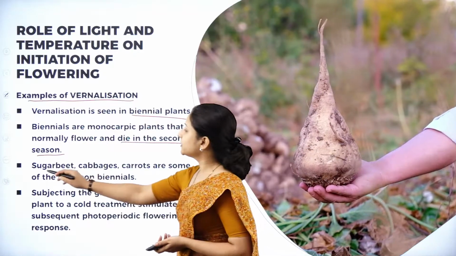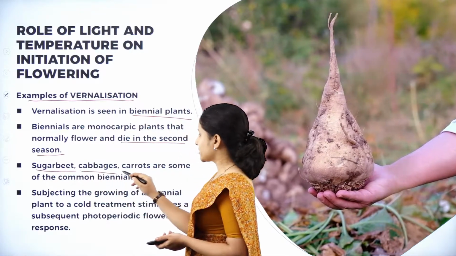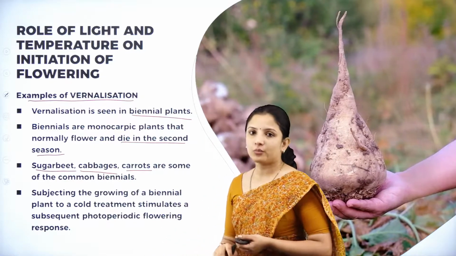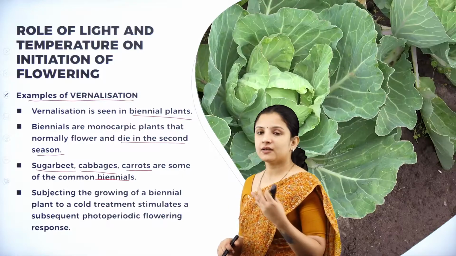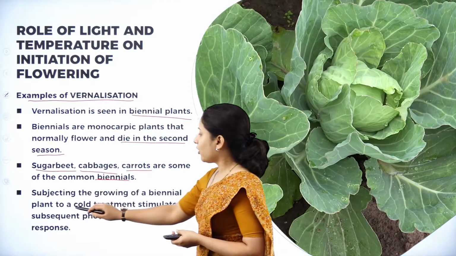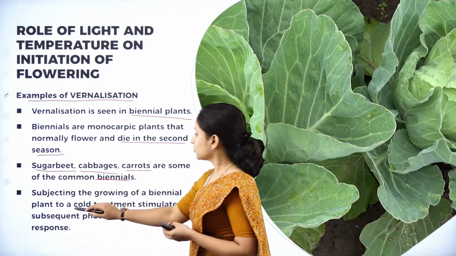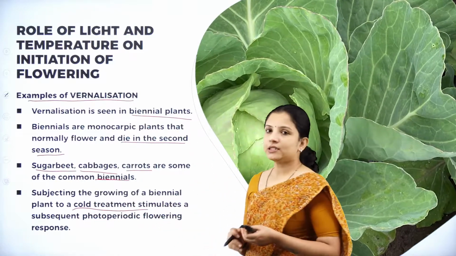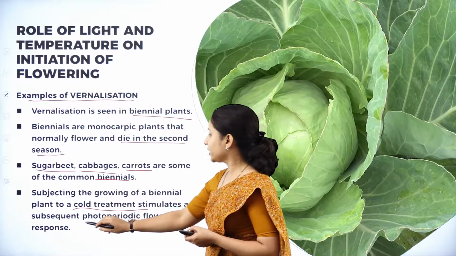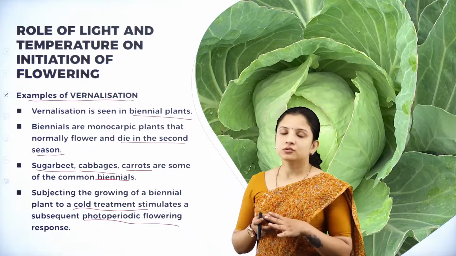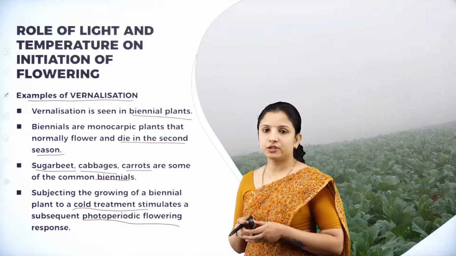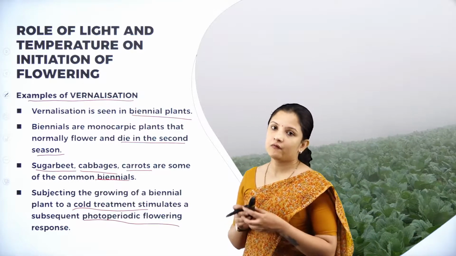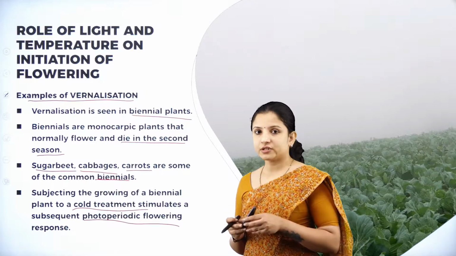The best examples are sugar beet, cabbages, carrots. They are some of the common biennials that are seen. And these biennial plants, if they are subjected to a cold treatment, it stimulates the photoperiodic flowering response. So biennials can also become annuals, or not just once in 2 years, but apart from that they can flower every year also. How is that possible?